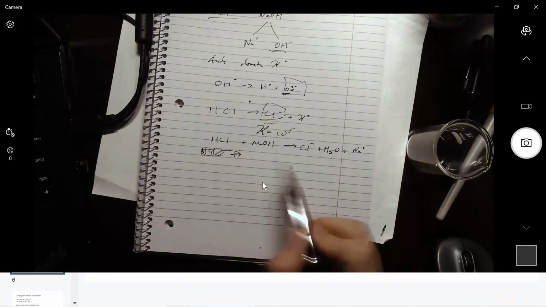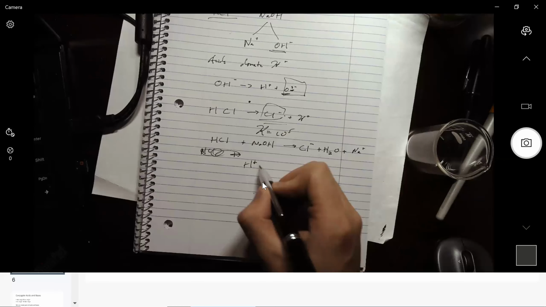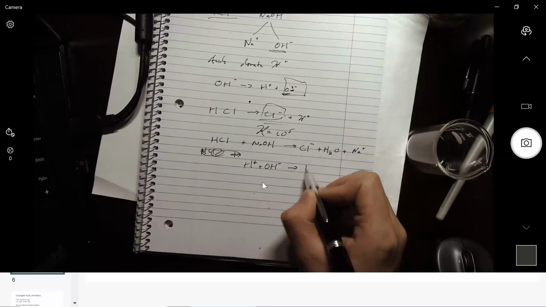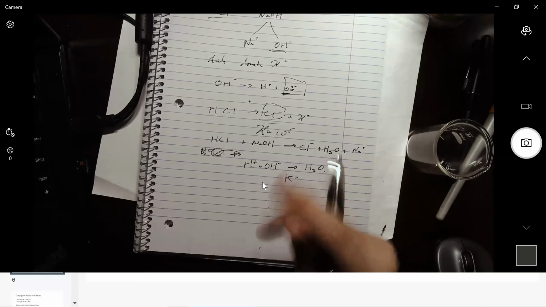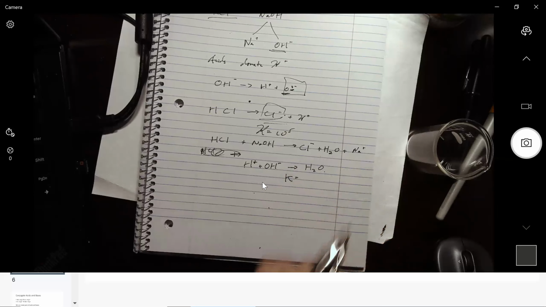So just as a tie-in to the last lecture, we have basically the reaction H+ plus OH- goes to H2O. Now, what do you think the K of this reaction equals? The equilibrium constant. So you might want to look back to your notes.